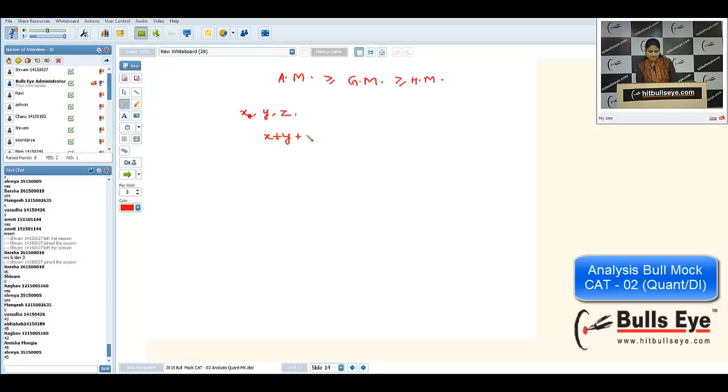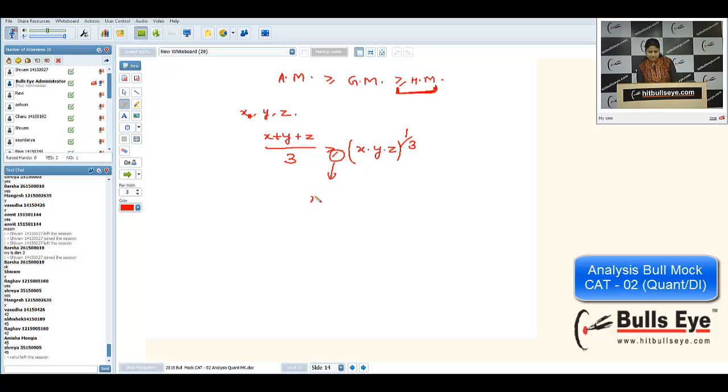Sum of observations divided by number of observations. What will be geometric mean? Product of all the numbers raised to power 1 upon number of observations. I am not considering the harmonic mean part because that is not useful in this explanation. So arithmetic mean is greater than or equal to geometric mean. Now equality holds if x is equal to y is equal to z.